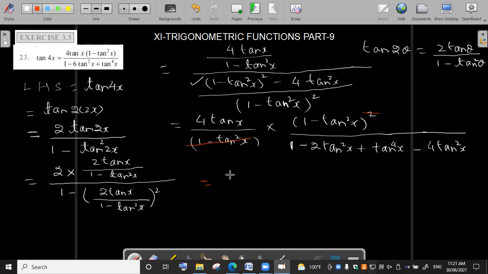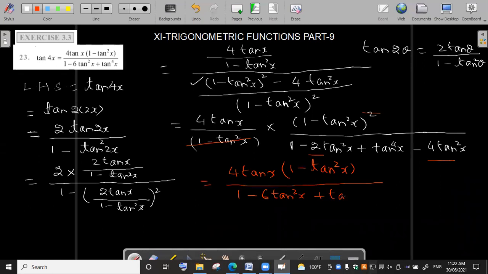So we are left in the numerator with 4 tan x into 1 minus tan square x, and in the denominator minus 4 tan square x minus 2 tan square x will become minus 6 tan square x. 1 minus 6 tan square x plus tan raised to power 4x, which is the right hand side. Right hand side. Hence proved.